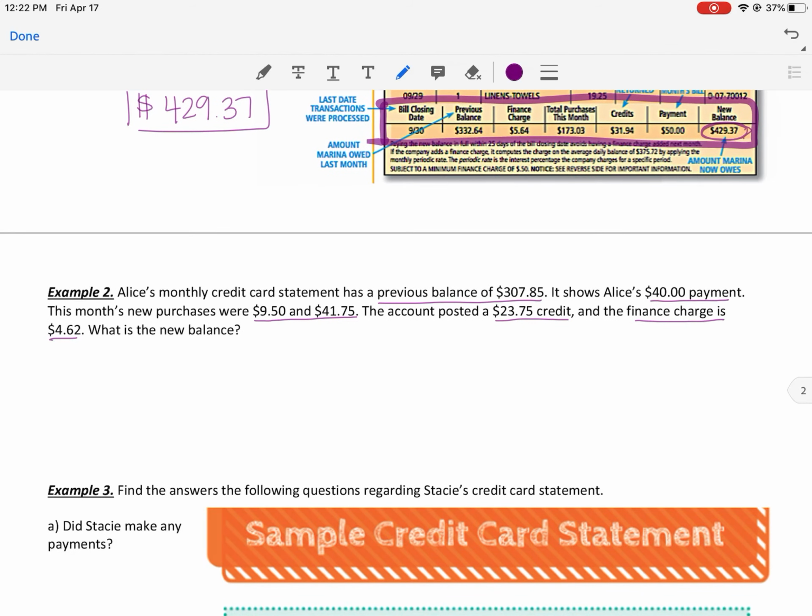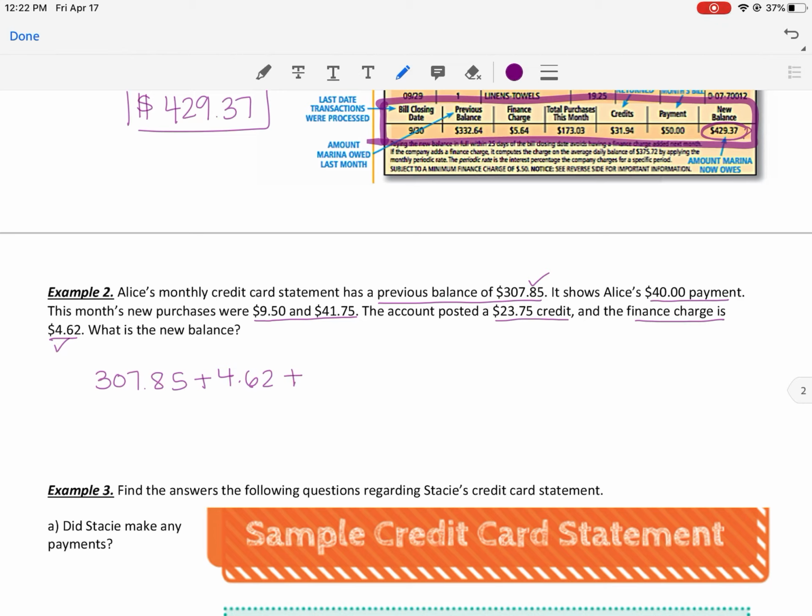So I would just go through and ask, what is the previous balance? In this case, the previous balance is $307.85. We now are going to add the finance charge.